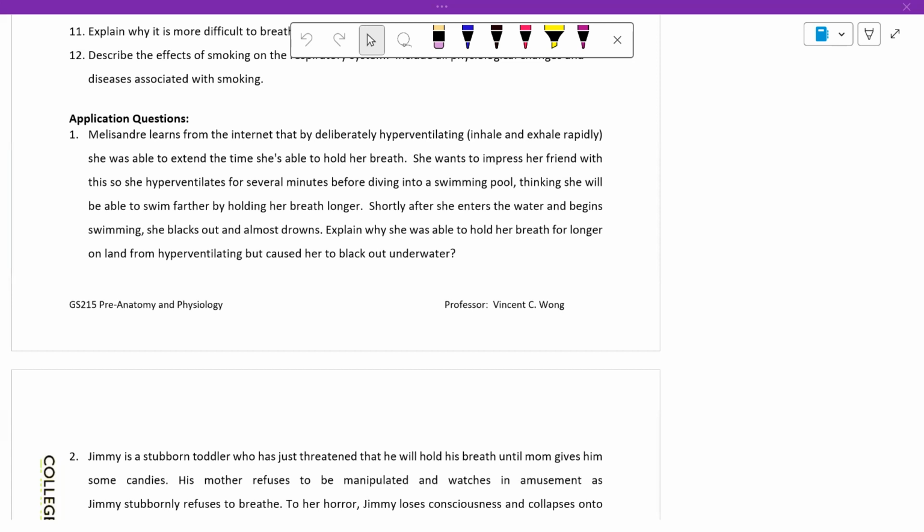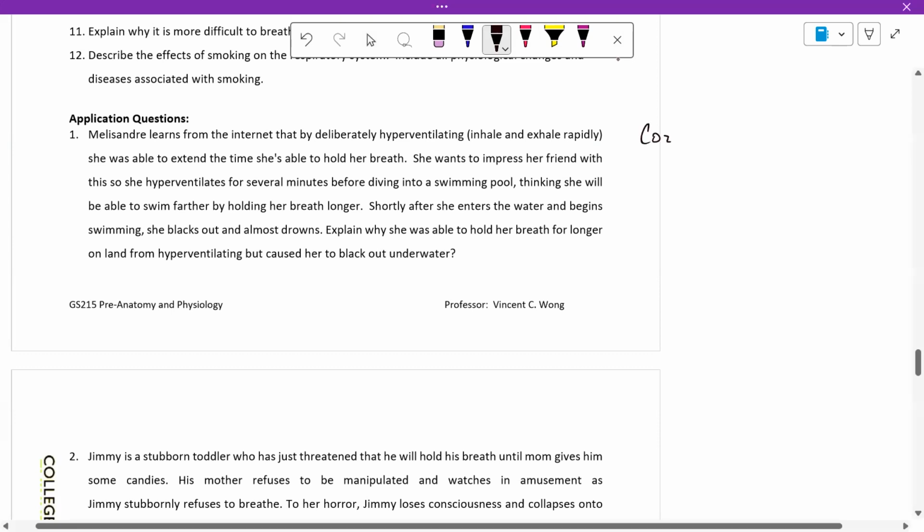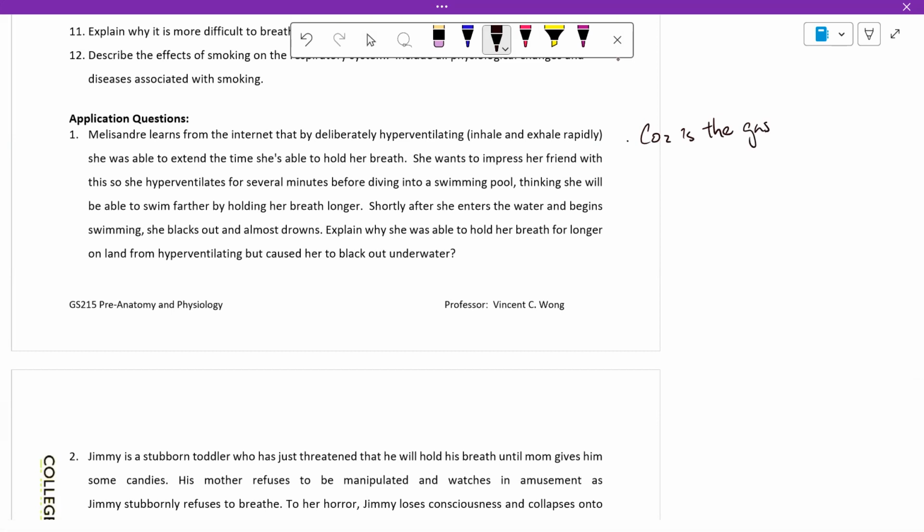Okay. So here, we talk about this, right? By hyperventilating, there are a couple of key things to remember here, okay? CO2 is the gas that stimulates the brainstem, I think the medulla oblongata.